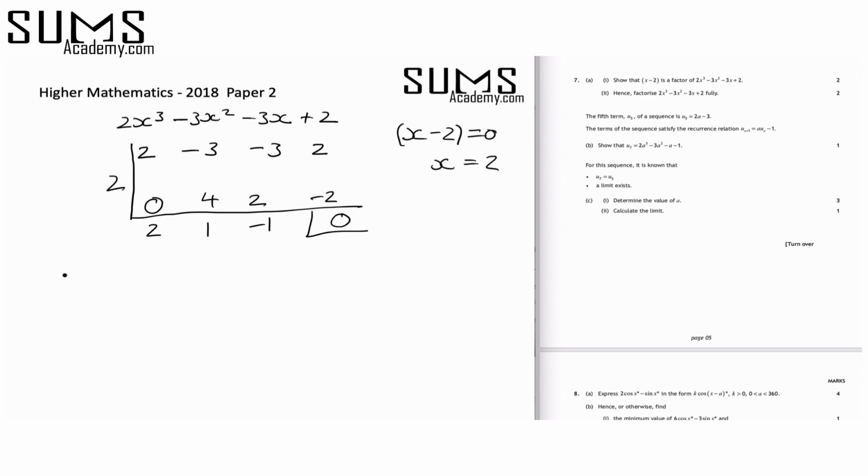So I need to write a statement here. So since the remainder is 0, x minus 2 is a factor.